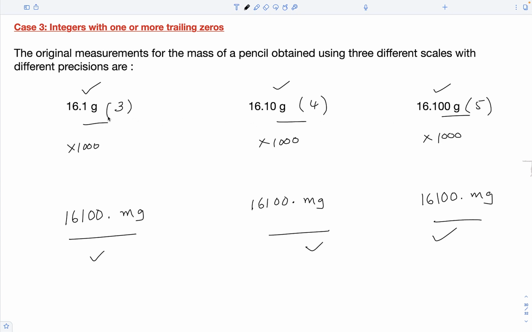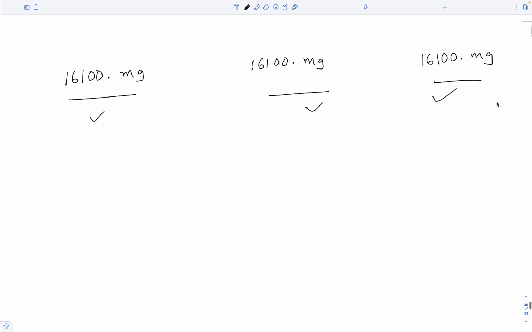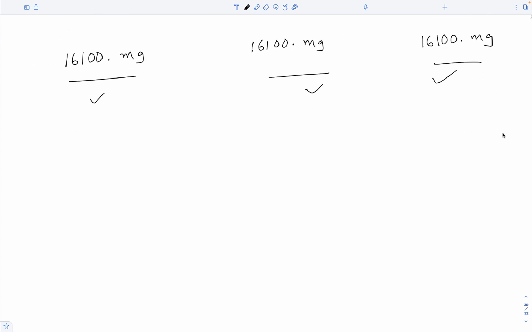They have different precisions and different number of significant figures. So it is impossible to tell that these 3 measurements have 3 different precisions just by looking at these values. Now, why did we run into this confusion or this situation? That is because of these trailing zeros.